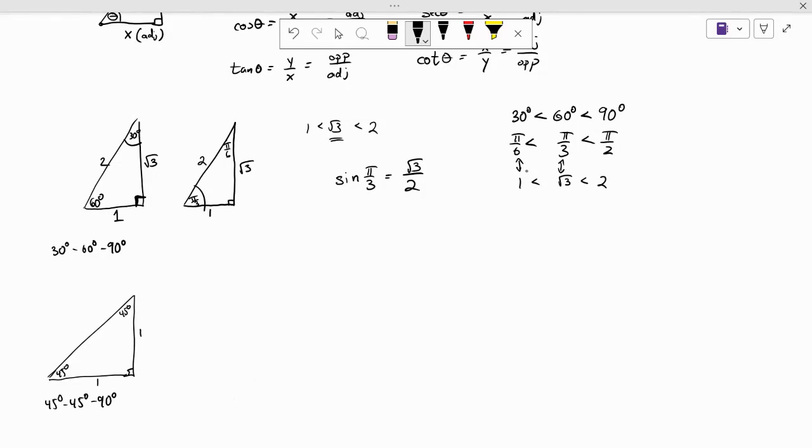And so we think of that as the two smaller sides being 1. Using the Pythagorean theorem, we figure out that the hypotenuse must be square root of 2. So you can use that to find sine of 45 degrees, cosine of 45 degrees. So that would be a good starting point.